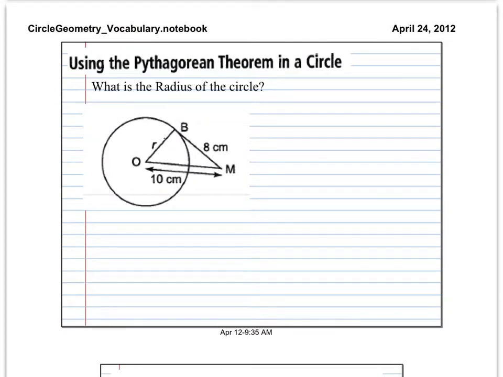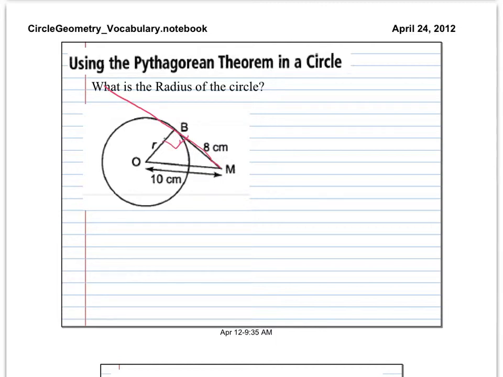Pythagorean theorem. You need to know how to solve this still. So, there are no more videos to watch. You have a right angle. As you went through the notes, you learned what a tangent line is. B to M, I'll draw this as straight as I can, which isn't great, makes a tangent line. B is that point on the circle, so that is a right angle.